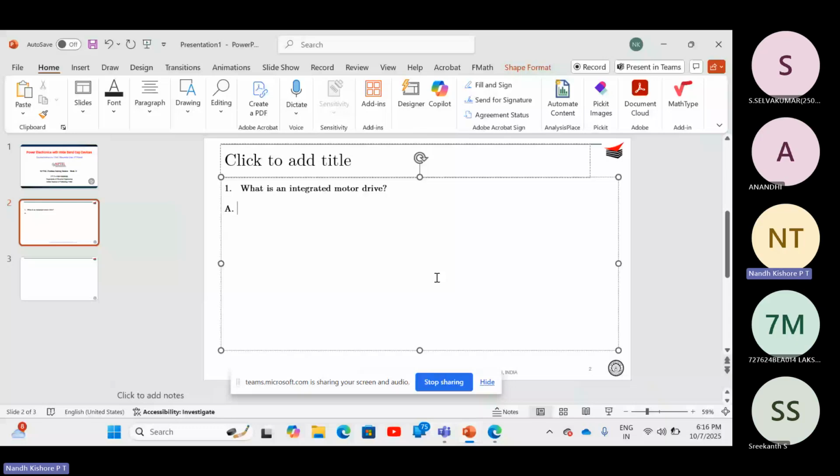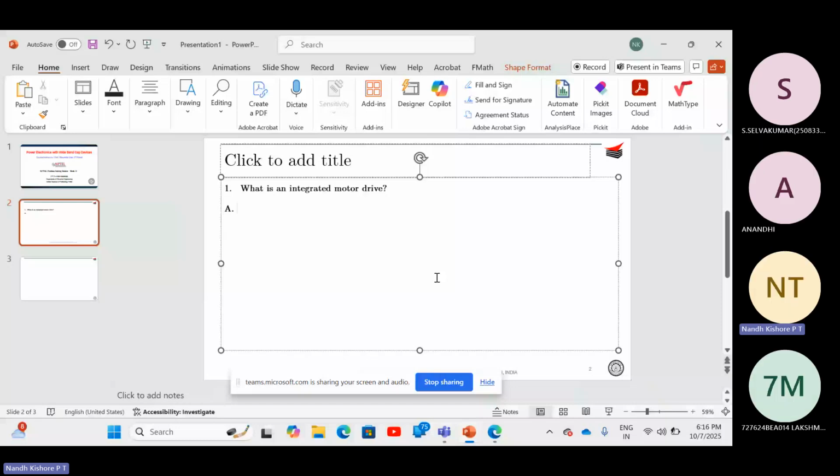What would be the interface that enables you to connect a 72 volt DC battery to drive, let's say, a PMSM motor, a permanent magnet synchronous motor? What is the power electronic converter that would enable you to drive the motor from a DC battery?